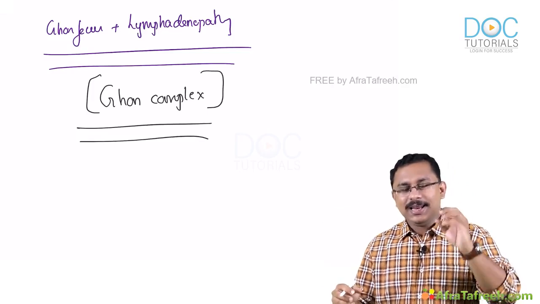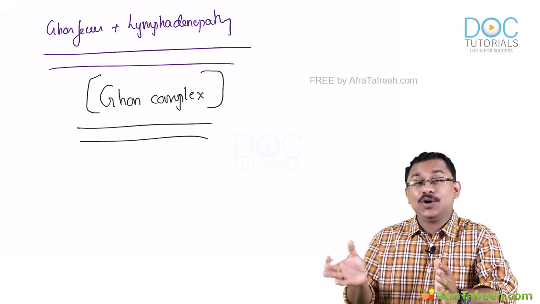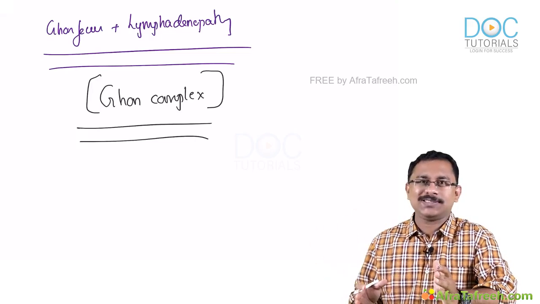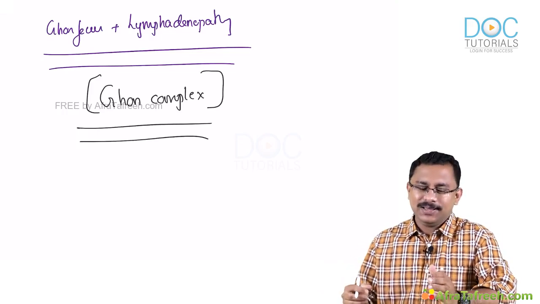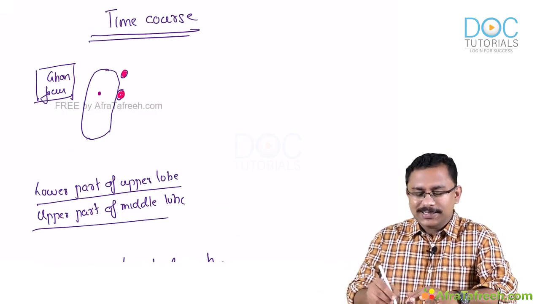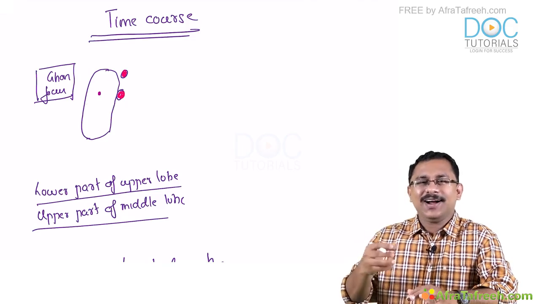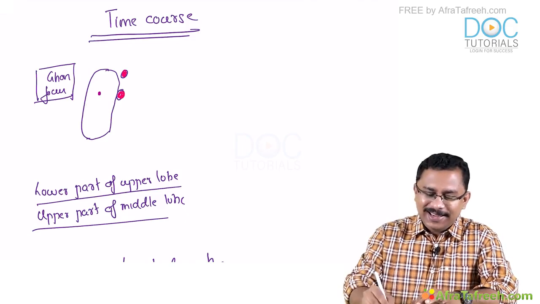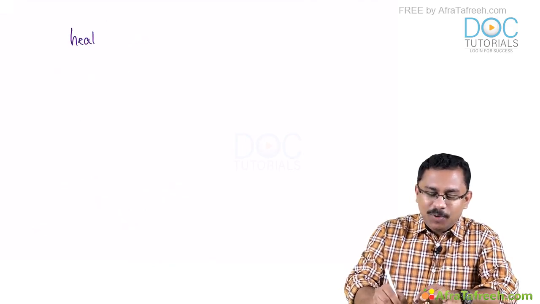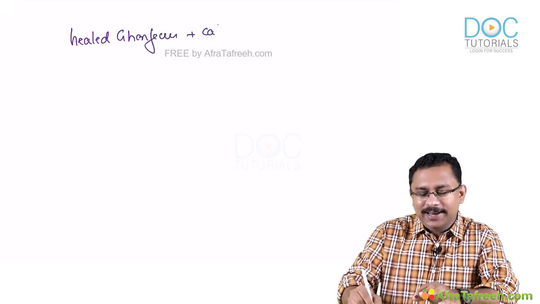Correct? Now, if your Mr. X is able to mount an immune response, he will be able to contain this infection. So both the Ghon focus as well as the lymph nodes will undergo healing. You will have a healed and probably calcified Ghon focus plus a calcified lymph node.